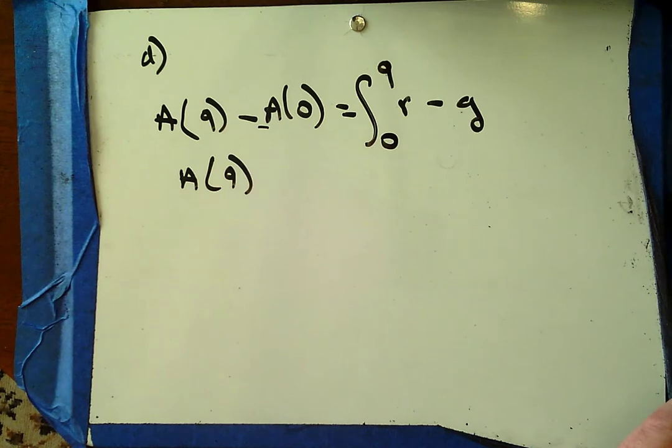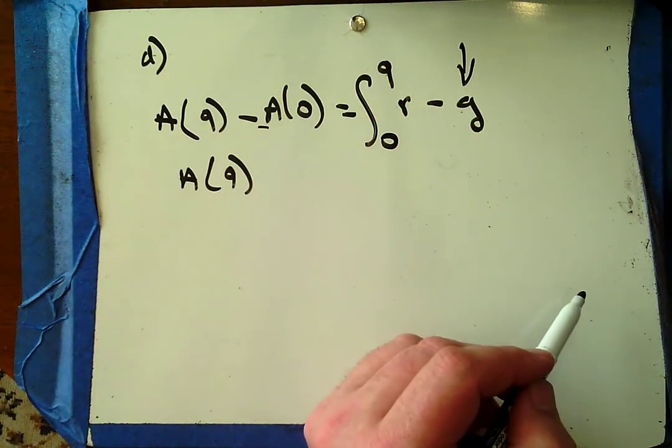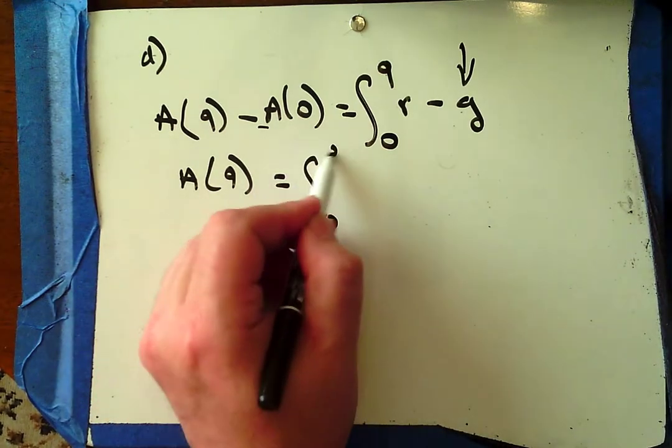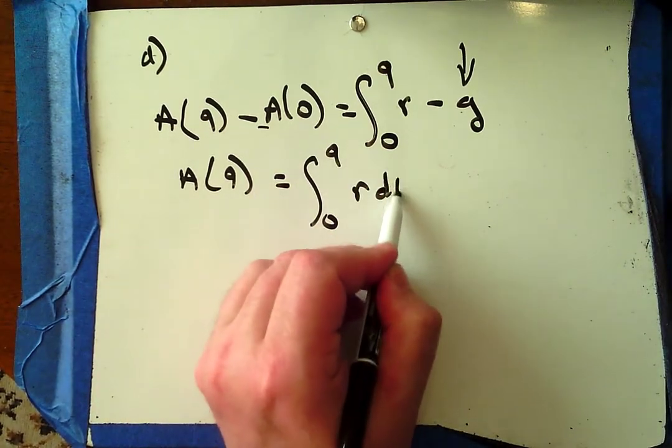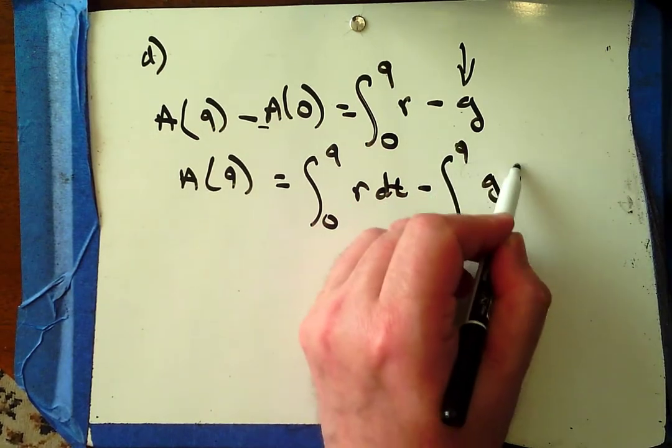I guess I can use my function to think about how much was removed to make that a little easier on my brain, i.e. split this up into the integral 0 to 9 of r minus the integral 0 to 9 of g.